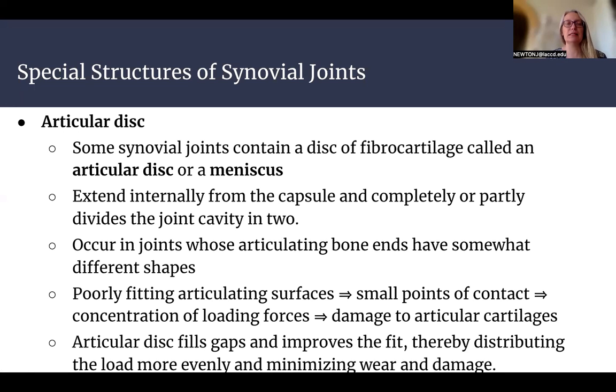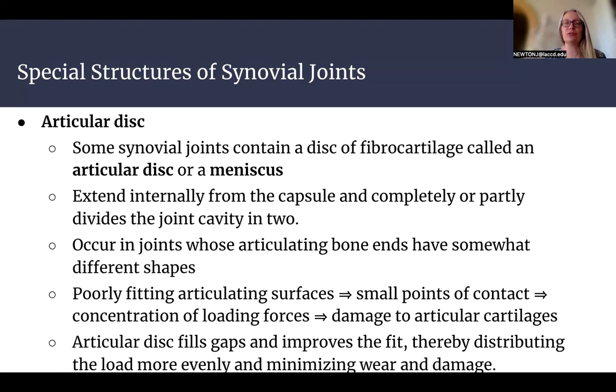These discs extend internally from the capsule so that the fibrous capsule layer is then continuous and connects in with this piece of fibrocartilage into the joint cavity. And by doing that, it completely or partly divides the joint cavity in two.